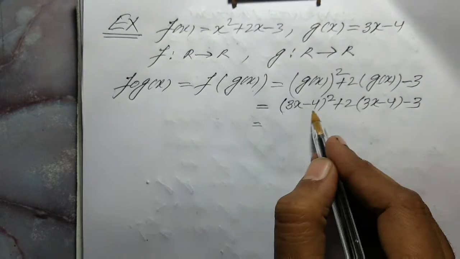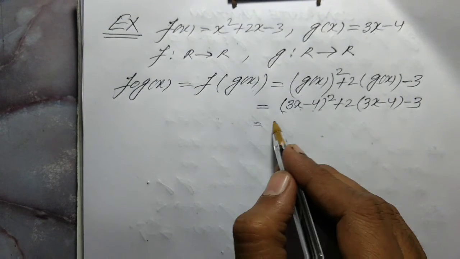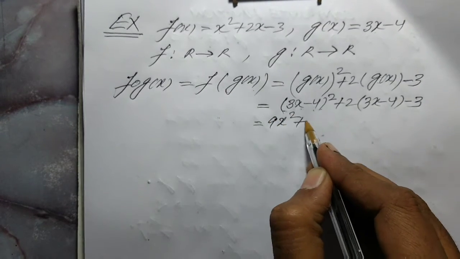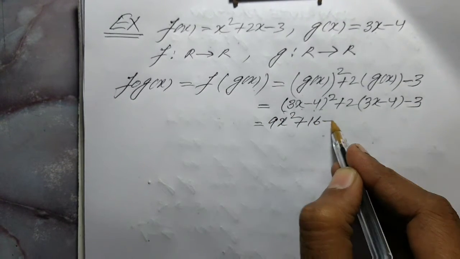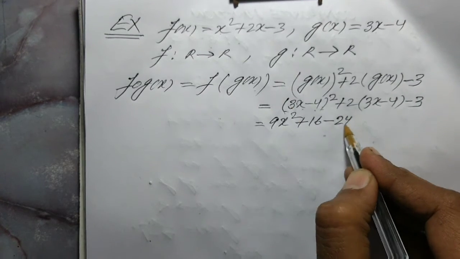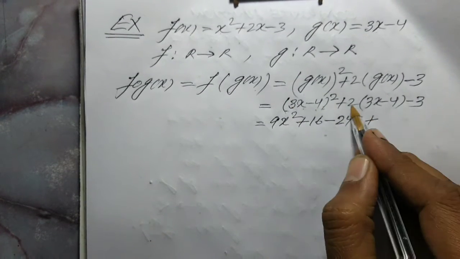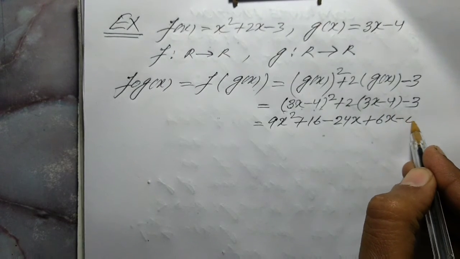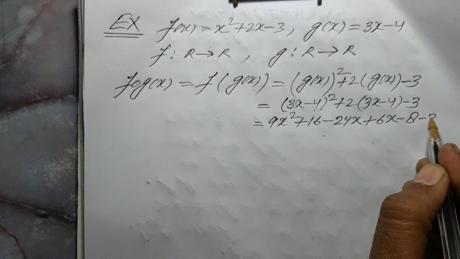Expanding this bracket, we get 9x square plus 16 minus 24x plus 6x minus 8 minus 3.